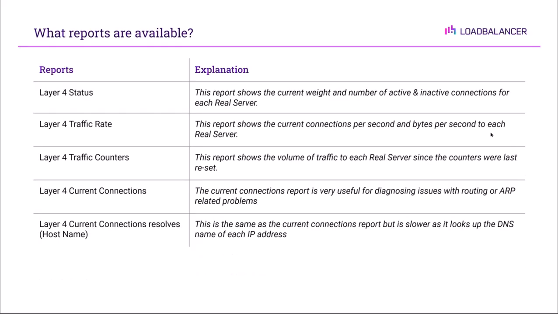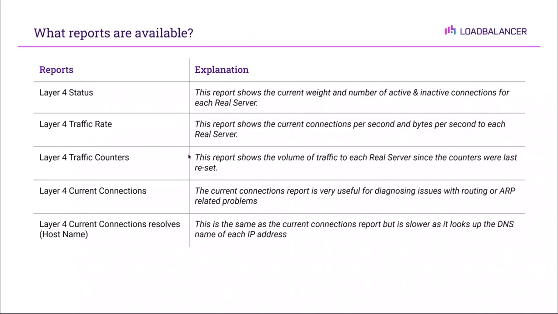We also have some reports available, such as layer 4 status, which will show you the current weight and the number of the active and inactive connections of each of the real servers that are configured in your layer 4 virtual servers. Likewise, we have the layer 4 traffic rate that will actually show you the throughput of those connections to the real servers.